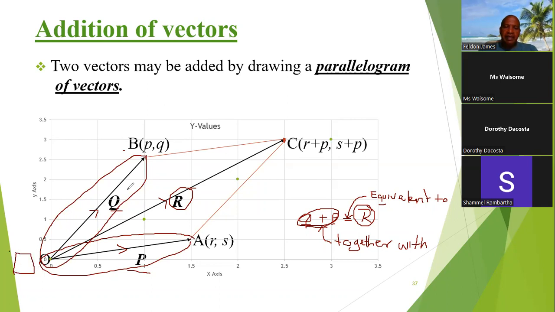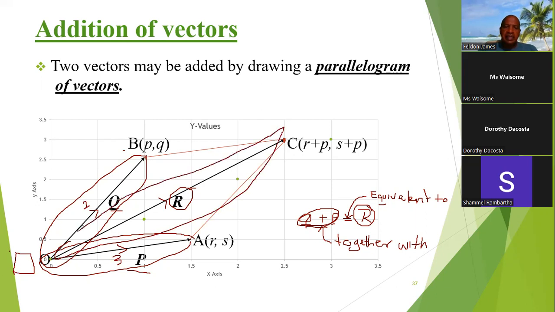You have this vector pulling the box with a force of 2 Newtons, and this one pulling the box with a force of 3 Newtons. Instead of using this 2 Newtons and this 3 Newtons, you could use one force, which is represented by the vector R.